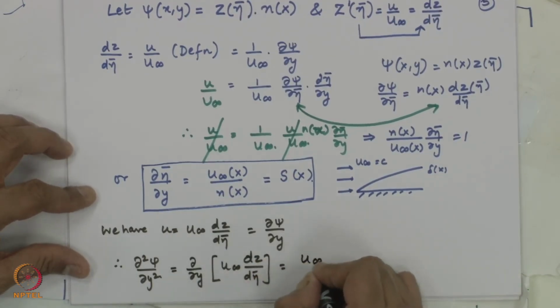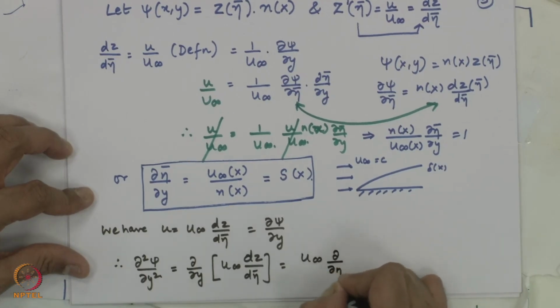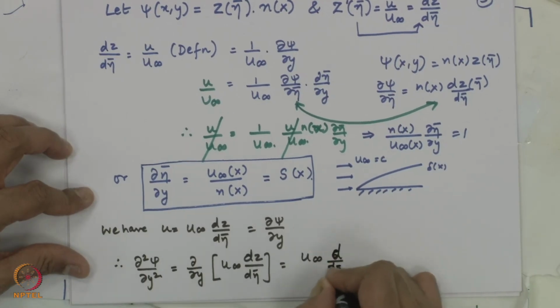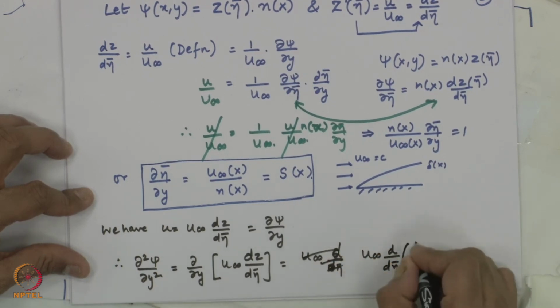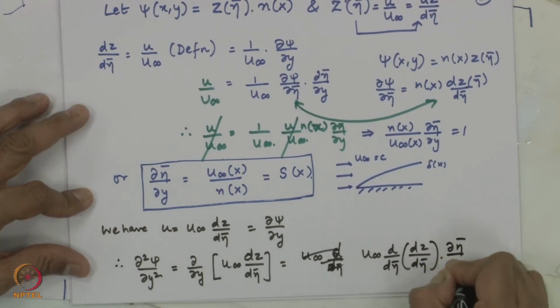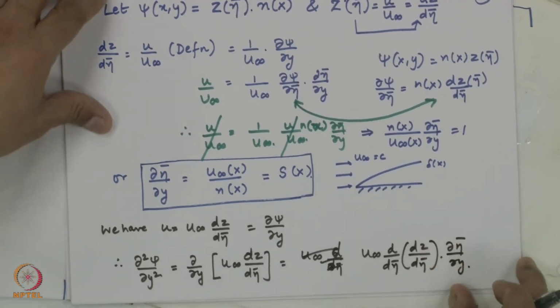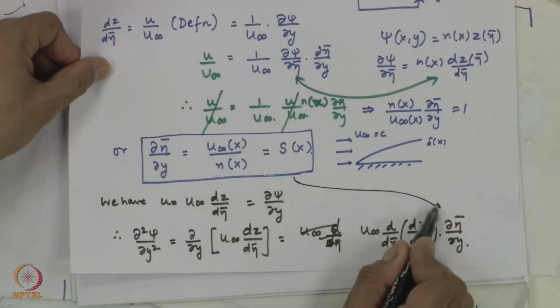So, it comes out: u infinity d by d eta bar of dz by d eta bar, times d eta bar by dy, and therefore, this quantity becomes d squared z by d eta bar squared. d eta bar by dy comes from here directly.